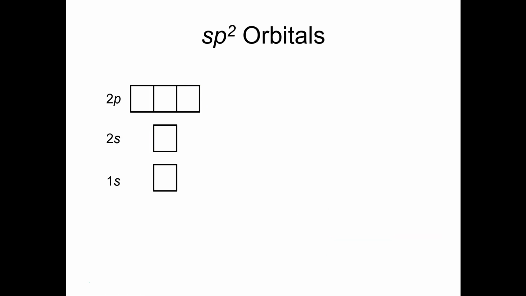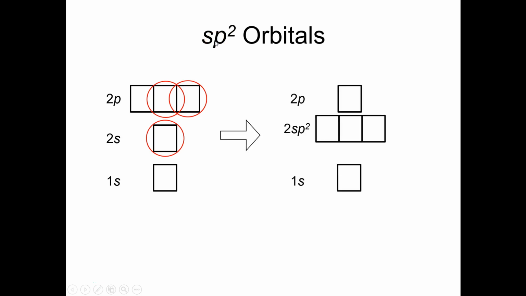If we wanted sp2 hybridization, again, here's our generic period 2 element and its orbital energy diagram. In this case, I would take an s orbital and 2 p orbitals because I want to make 3 sp2s. I hybridize those and I get my 3 sp2s. The 2 here means it's at the n equals 2 principal energy level, and 1 p orbital.